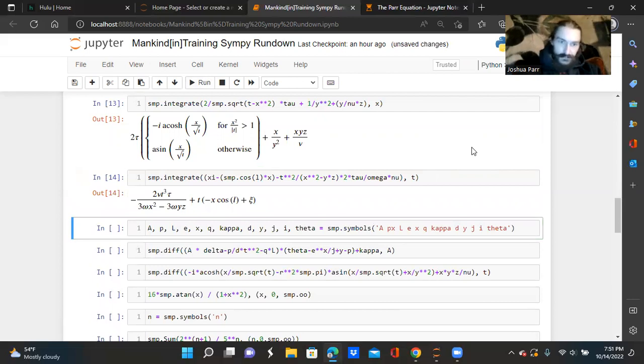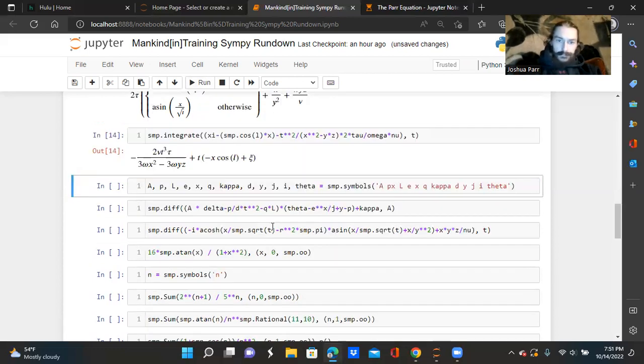Bam. So fast. We got the answer. It is negative 2 nu t cubed tau over 3 omega x squared minus 3 omega yz plus t negative x cosine L plus psi.